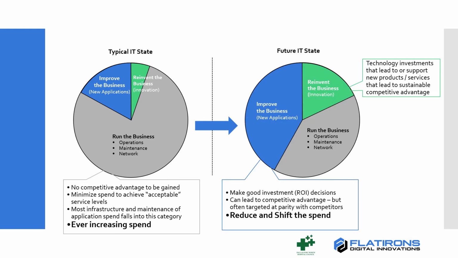And what we see are forward-thinking, leading-edge customers and partners in healthcare changing that model, and they're looking to retire and archive applications, and this frees up money. So you see this pie on the right looks much more interesting. They can take money and put it back into innovation. They can take operational money that was just spent doing maintenance and build new applications.